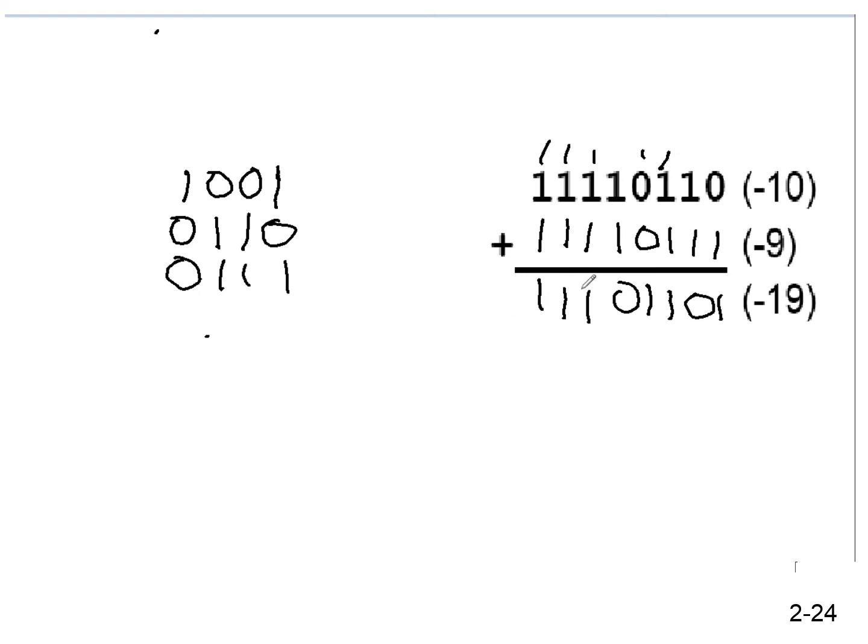Okay, so let's now determine what this is. Let's flip the bits: 0, 0, 0, 1, 0, 0, 1, 0, and add 1. So I'm going to cheat. I'm going to write the 1 right here.